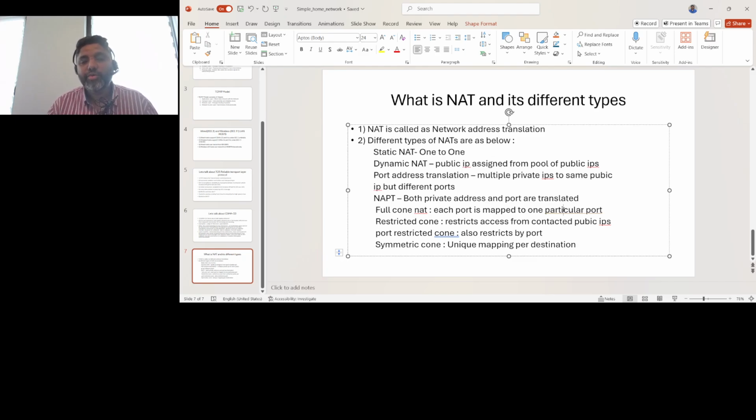So each time you establish a connection, for example if you open two windows, one facebook.com and the other also facebook.com, even though both URLs are the same, each time a separate source public IP will be given. So this is very secure. Hackers cannot utilize this to hack your device.